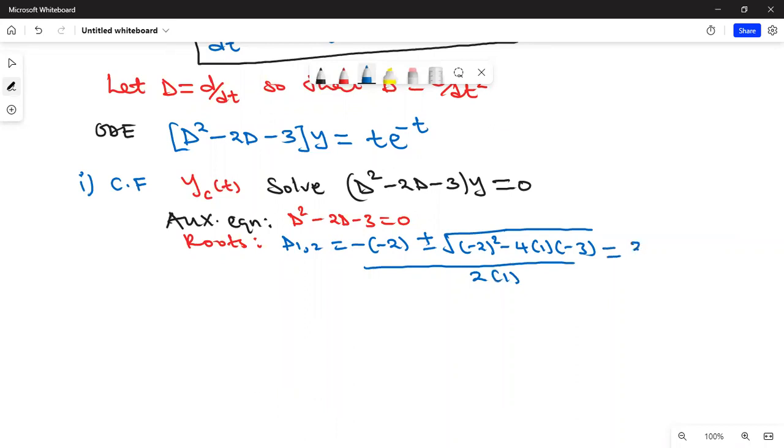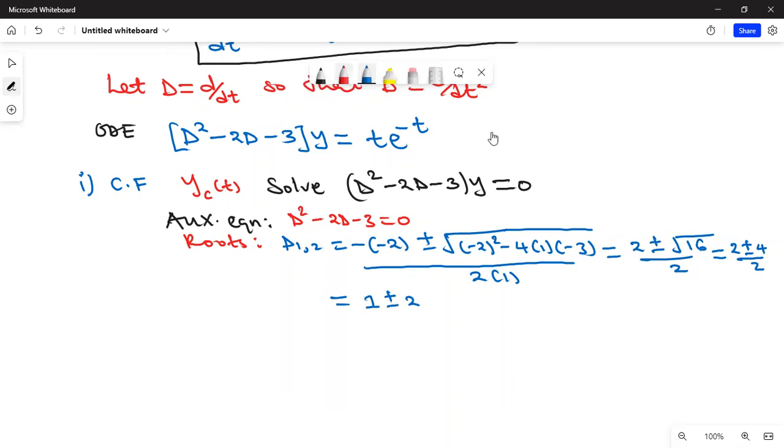So this is the same as 2 plus or minus the square root of 4 plus 12, that will give us 16 over 2, which is 2 plus or minus 4 over 2. And so when you divide by 2, you get 1 plus or minus 2.